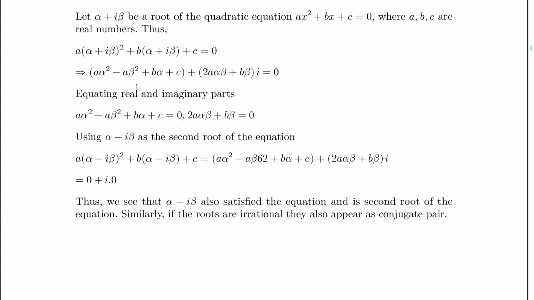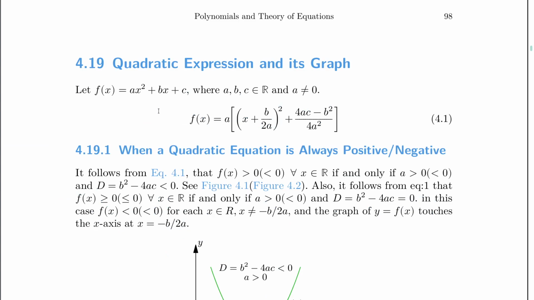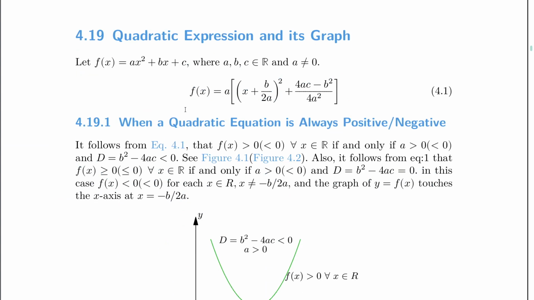Thus, we see that if alpha plus i beta satisfies a quadratic equation, then alpha minus i beta, which is the conjugate pair, will also satisfy the equation. Similarly, you can prove it for irrational roots also. Now we will look at the quadratic equation and its graph.